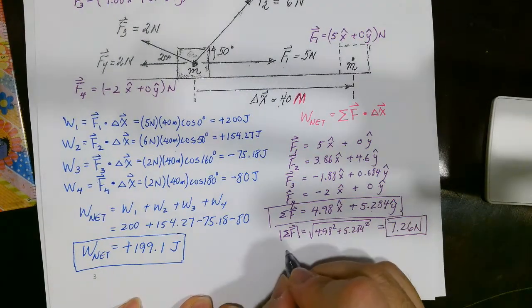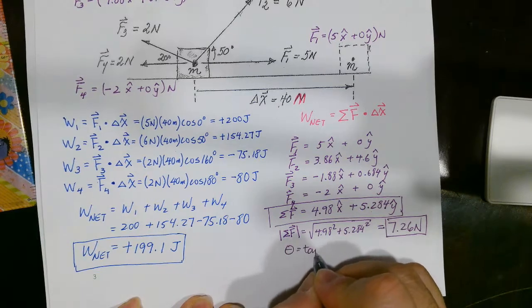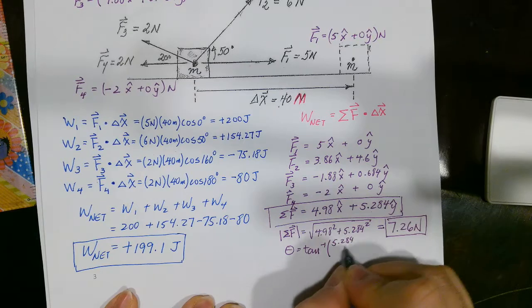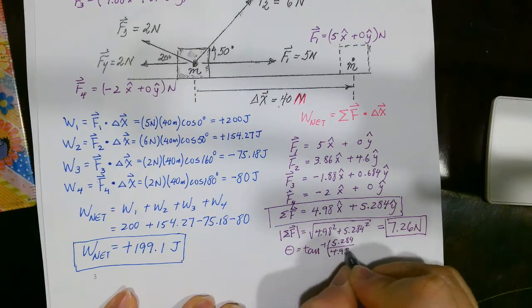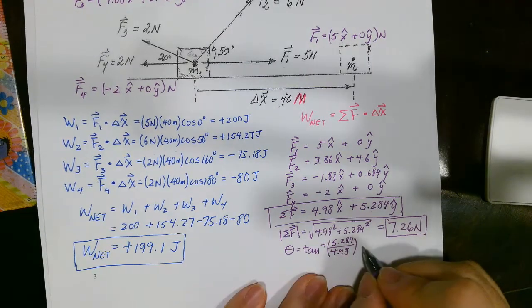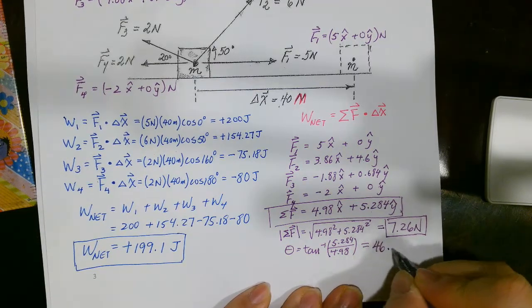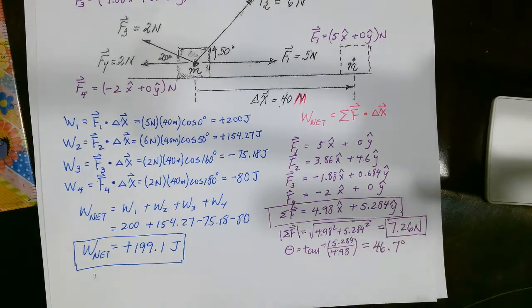What about the angle? Theta is equal to tan inverse of 5.284 over 4.98, because it's in the first quadrant. If you work that out, your theta comes out to 46.7 degrees.